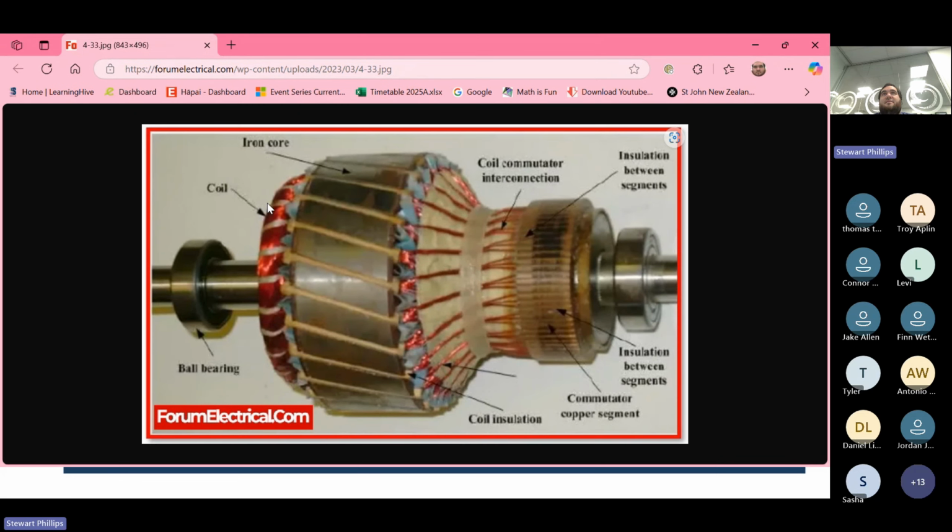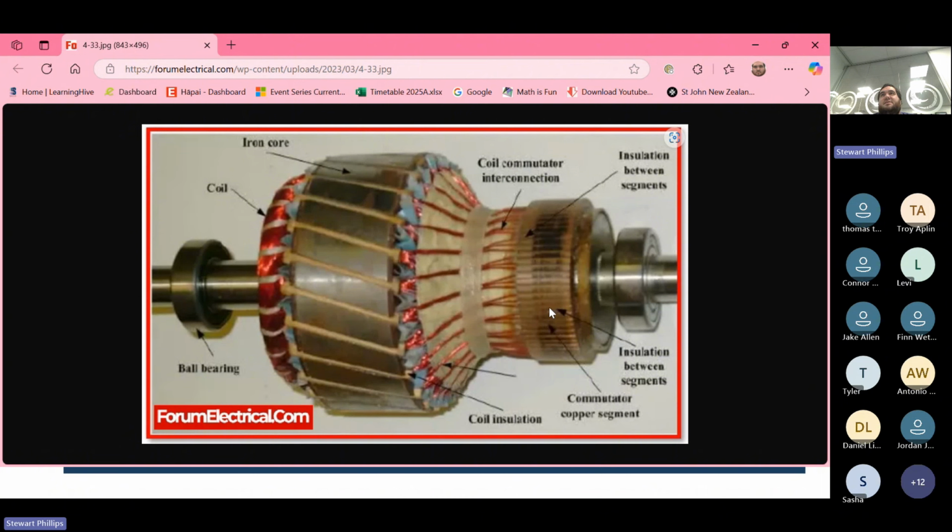Cool. So if you see here, you've got the coil, which actually runs up here to the commutator. So these wires essentially form the coils as they come up and down. So this is the iron core, which absorbs the magnetic field. And then here are the coils, which have voltage induced into them. Then they all come back here.